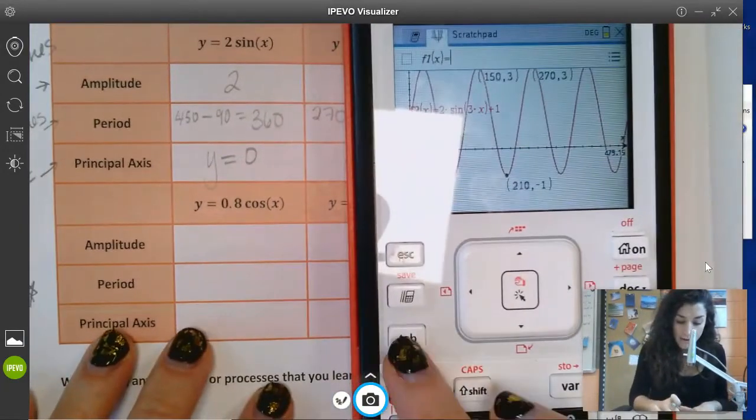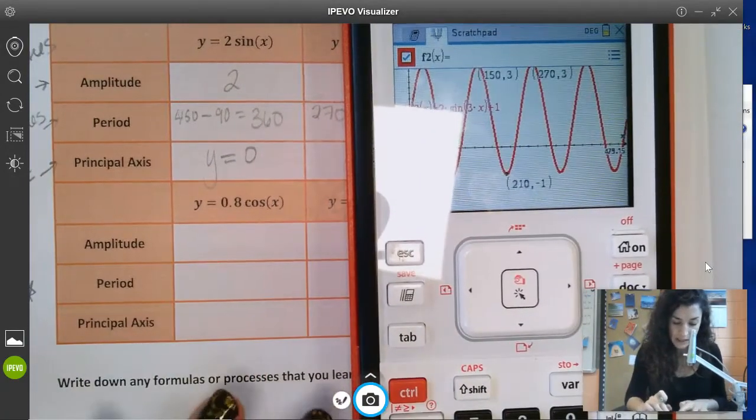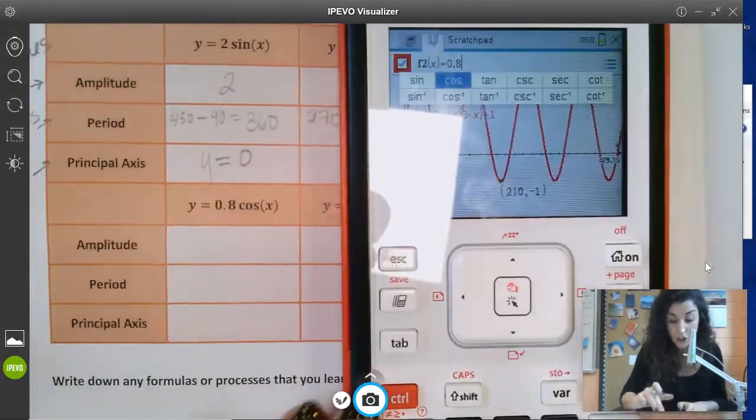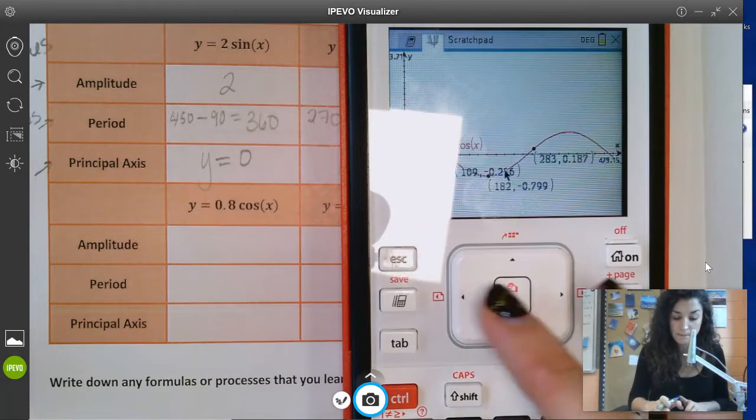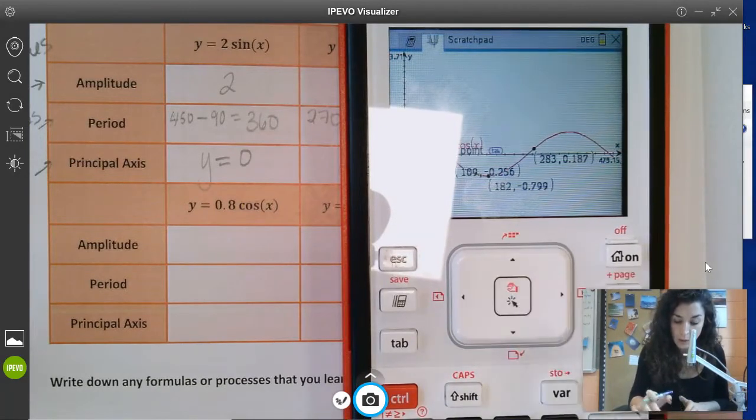When you graph these next guys, it's cosine now instead of sine, which is fine. I'm going to delete these old points.